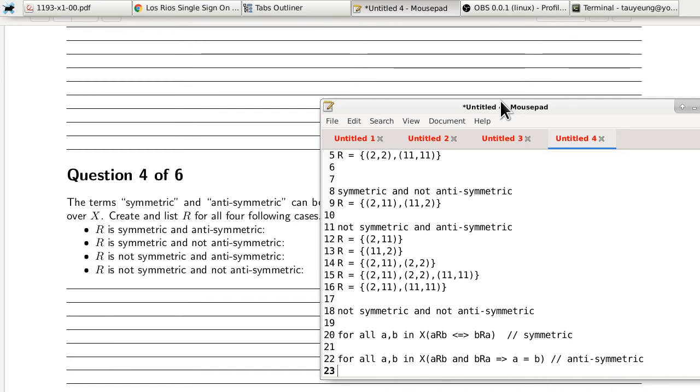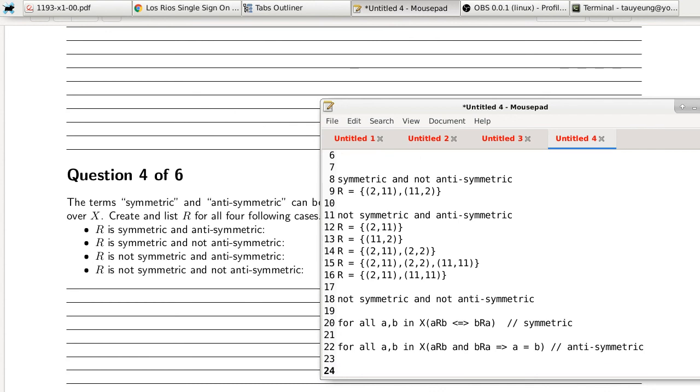All right, so that means in this case, we have to find at least one case where this is not true, and at the same time, we have to find one case where this is not true. It's not difficult to make one of those two happen, but if they're both happening, let's see what happens. So you have to find one case where ARB if and only if BRA is false, and you only have two elements.